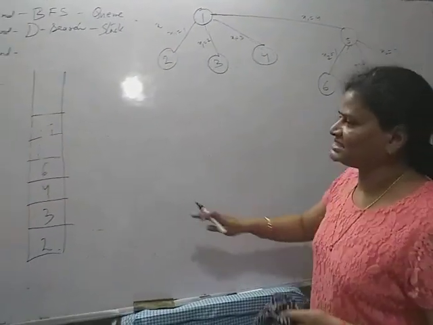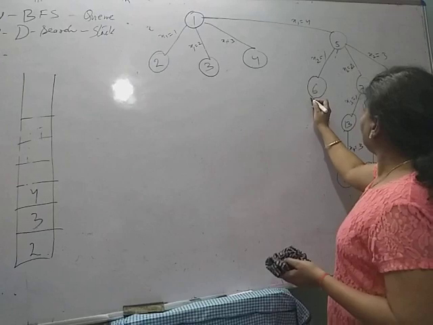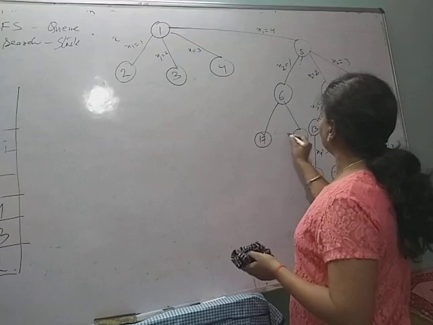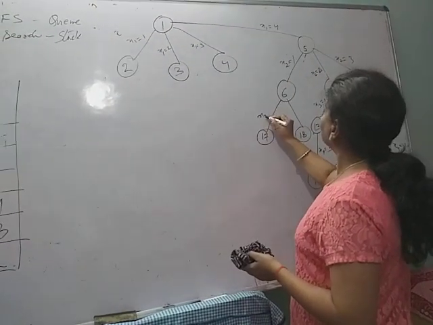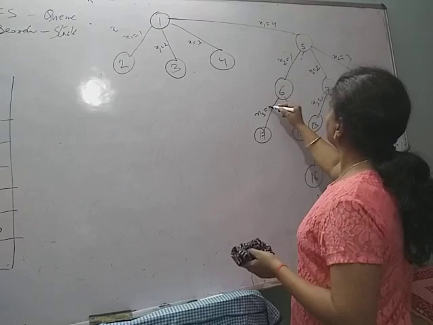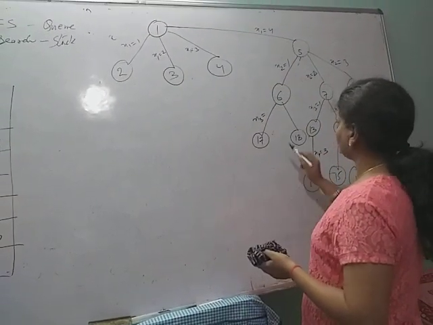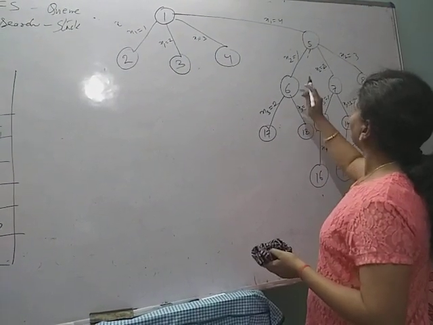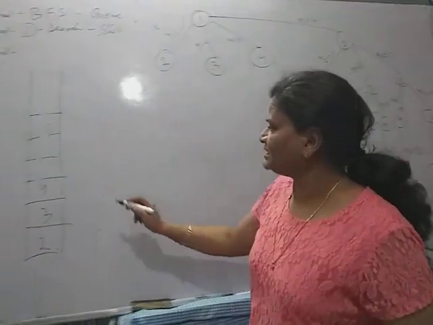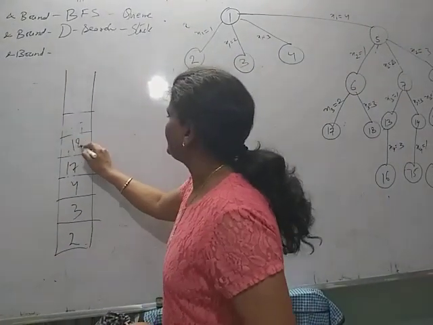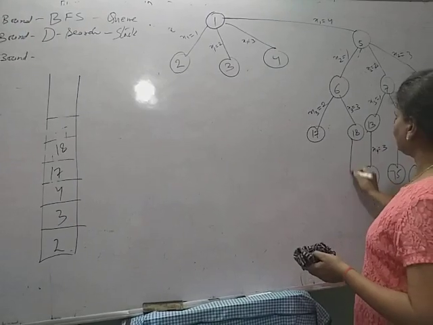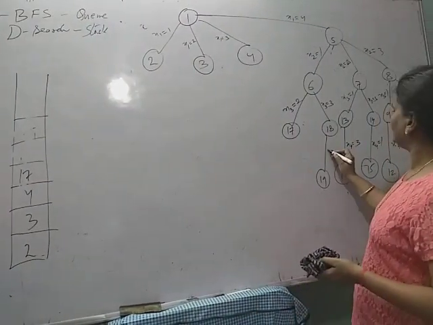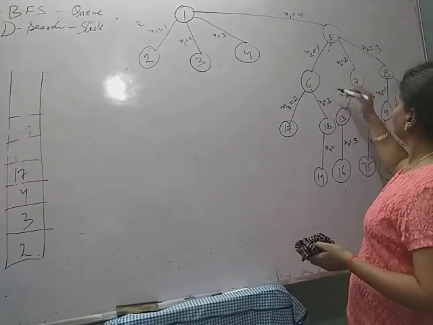Now 6 will become the next E node, and again it has 16, 17, 18, with X3 equal to 4, 1, 2, 3. 17 and 18 will be pushed onto the stack, and next is 18, that is 19. 18 will become the next E node, with X4 equal to 4, 1, 3, 2.